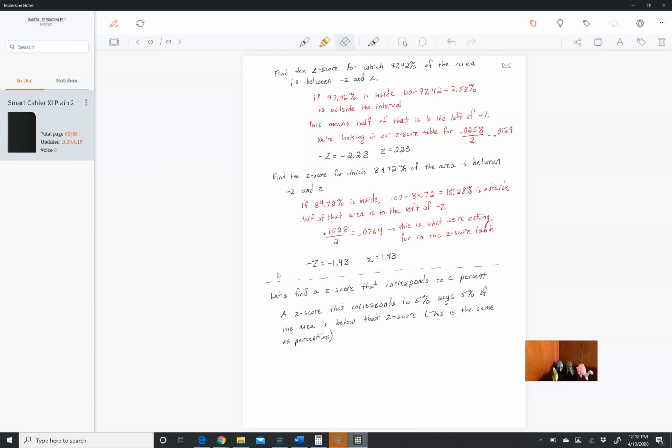The notation for this would just be a capital P with a 5. So what are we looking for? We're looking for 0.05 in the table, because we're looking for 5%.